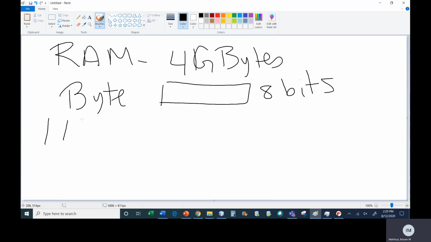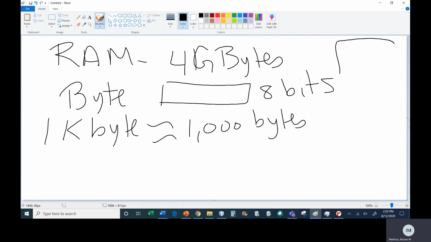If I say 1 kilobyte, that's about 1,000 bytes. So now I'm talking about RAM space that's capable of holding 1,000 locations, 1,000 letters, 1,000 characters.